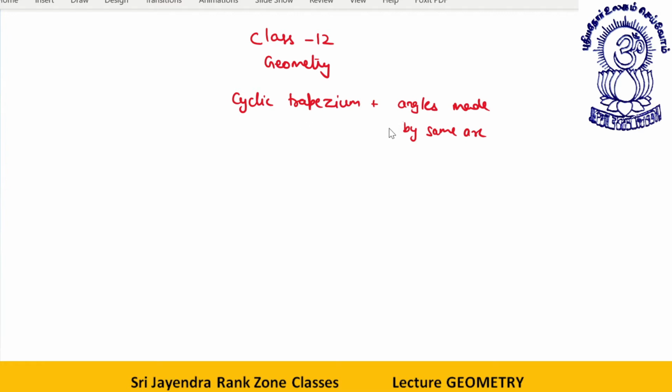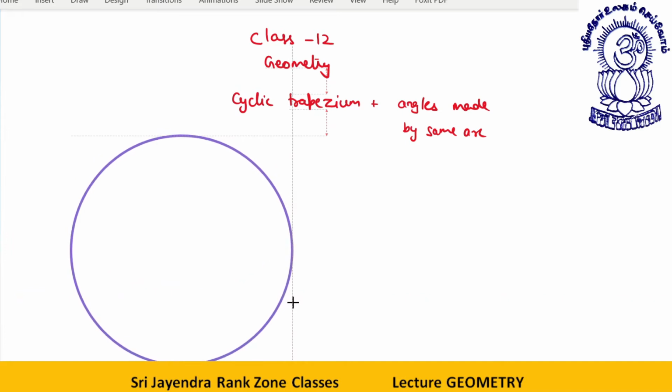See, first of all, let me start with cyclic trapezium. What happens in a cyclic trapezium? See, cyclic trapezium is actually an easy figure. If a question comes on this figure, now you will be very easily able to solve it. What will happen, dear students? Suppose I take a circle. I will try to draw a diagram in front of you.